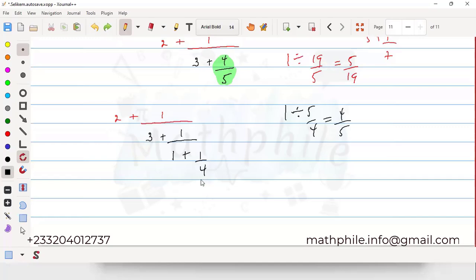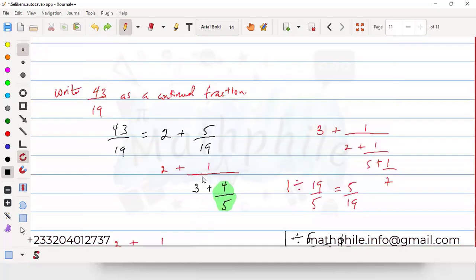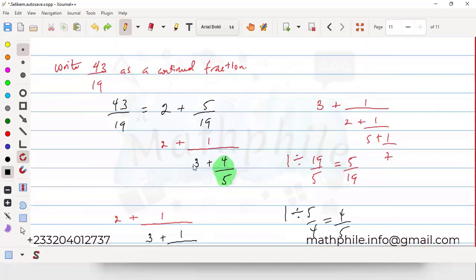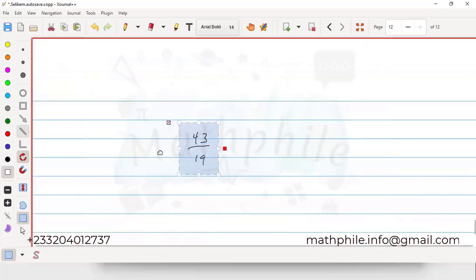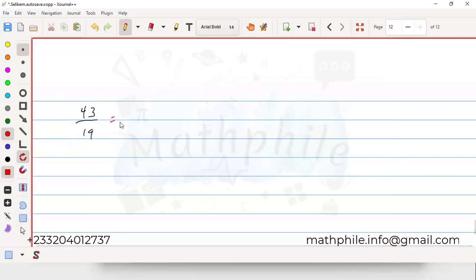So let me take it again. I'm going to solve the same question again. So pay attention. And if you come across any difficulty, you let me know. So I first converted the improper fraction into a mixed fraction. And what did we say 43 over 19 as a mixed fraction would be again? I think 2 whole number 5 over 19, right?